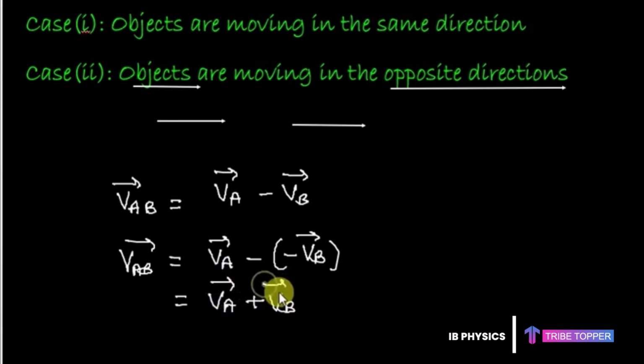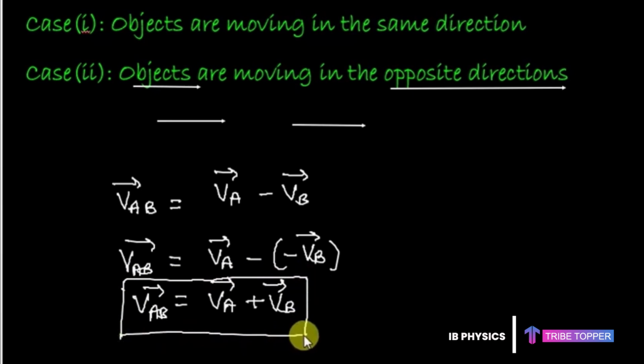Do you notice that the relative velocity of A with respect to B when they are moving in opposite directions is the sum of the two? That means it's going to be much faster, and that is the case if you have noticed that when two trains cross each other in opposite directions, they appear to be moving really fast.